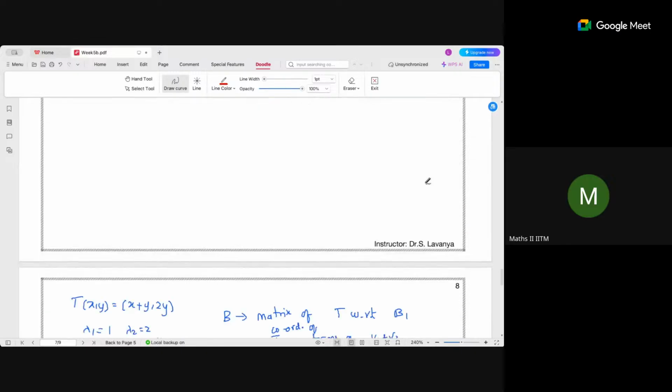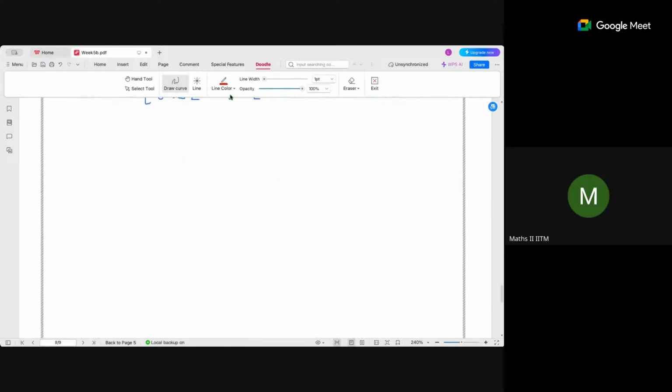Okay, and the other important note which I wanted you to observe is that, let us say suppose A is a 2 by 2 matrix with eigenvalues lambda 1 equal to lambda 2 equal to lambda, both are the same.